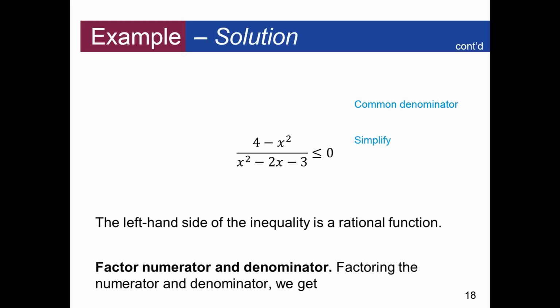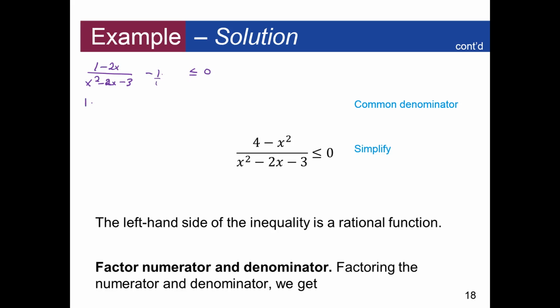Okay, so we want to have a common denominator. Let's write it here. We have 1 minus 2x divided by x squared minus 2x minus 3, minus 1, less than or equal to 0. So if I want to have a common denominator, I need to multiply this 1 over 1 by this whole expression.